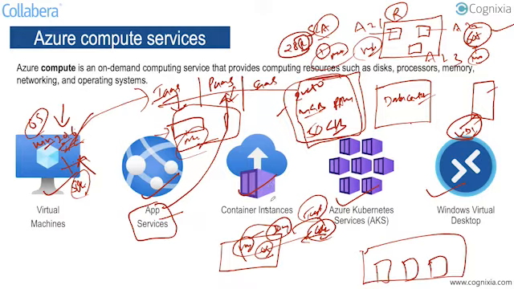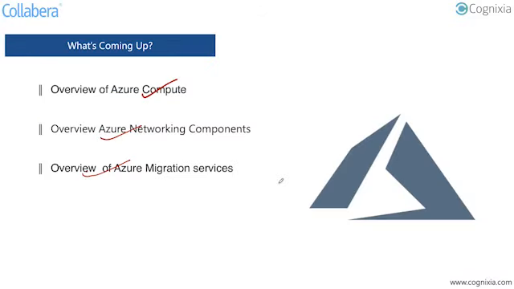When it comes to container instances, what does it mean by containers? If I'm talking about containers, containers come under the microservices architecture. When I say microservices architecture, what does it mean?